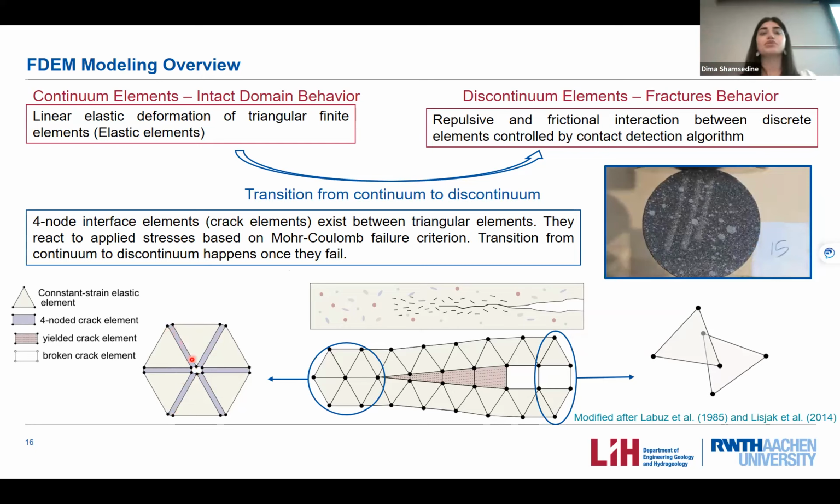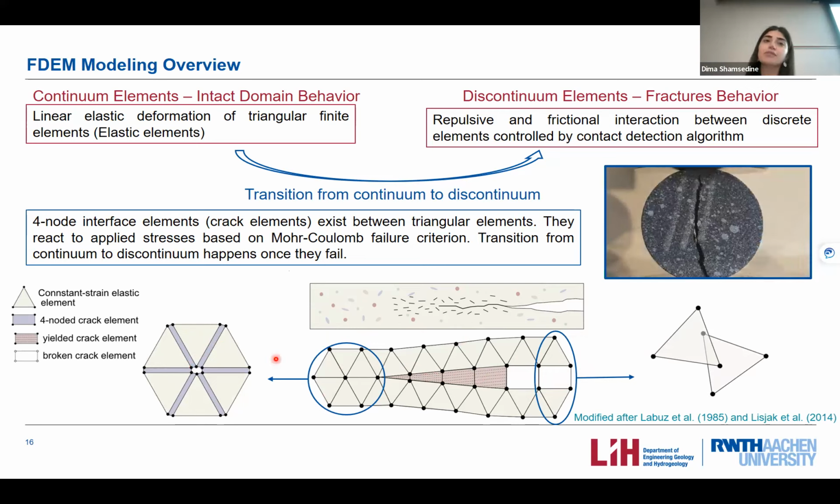So when we apply forces on these blue elements, and when we have a displacement in the wall of the fracture, they will start to fail. We can see here the yielding in orange. They will yield, and then they will break, they will disappear. And this breakage represents the actual fracture in the material.